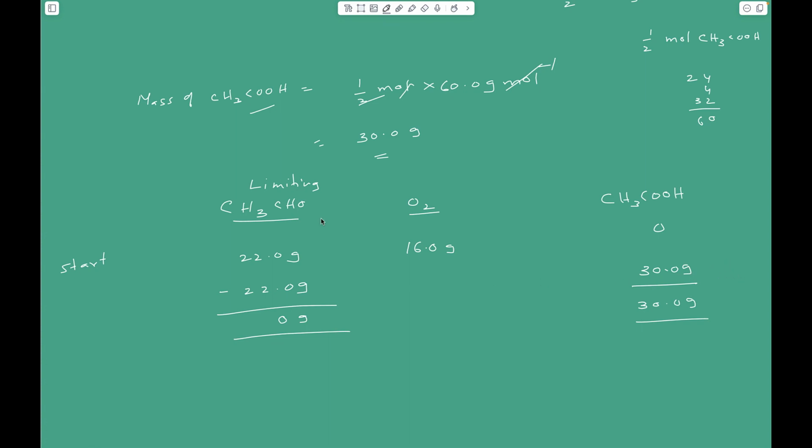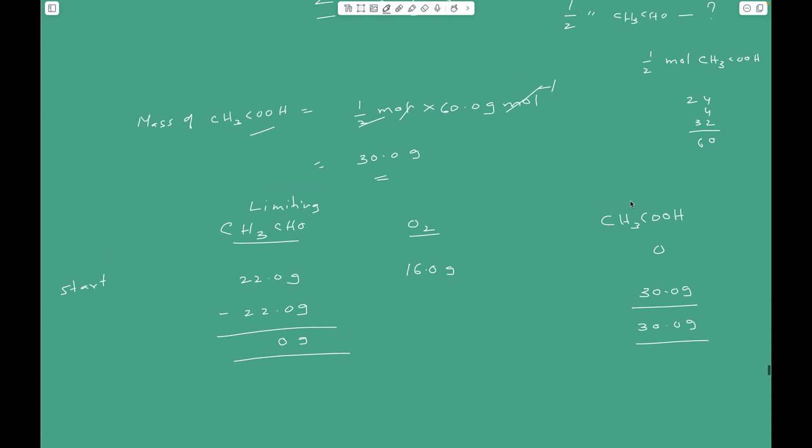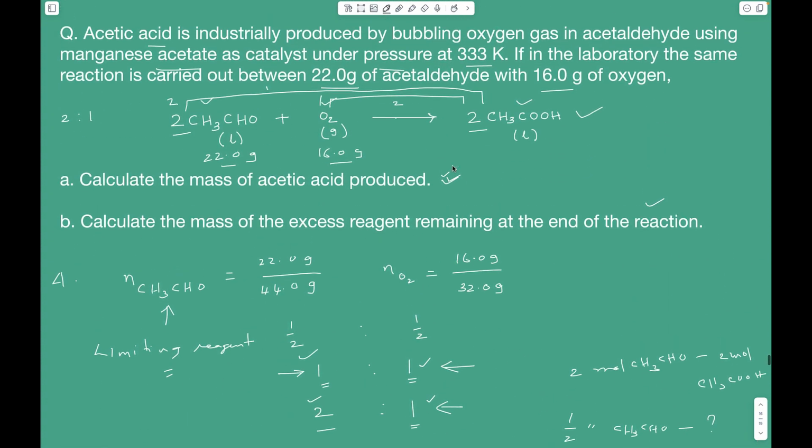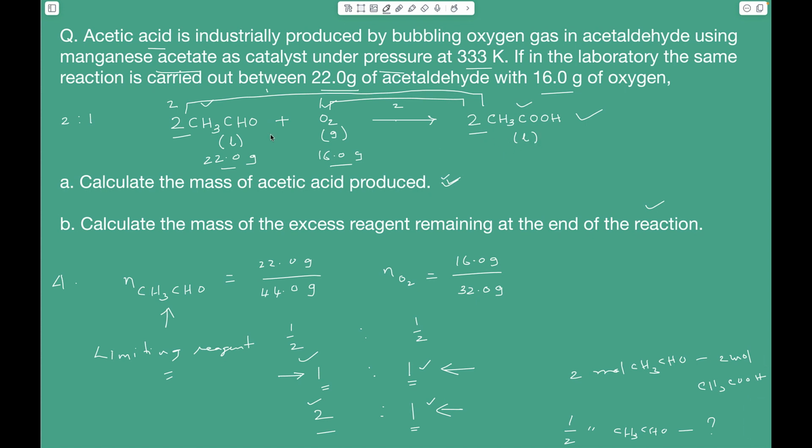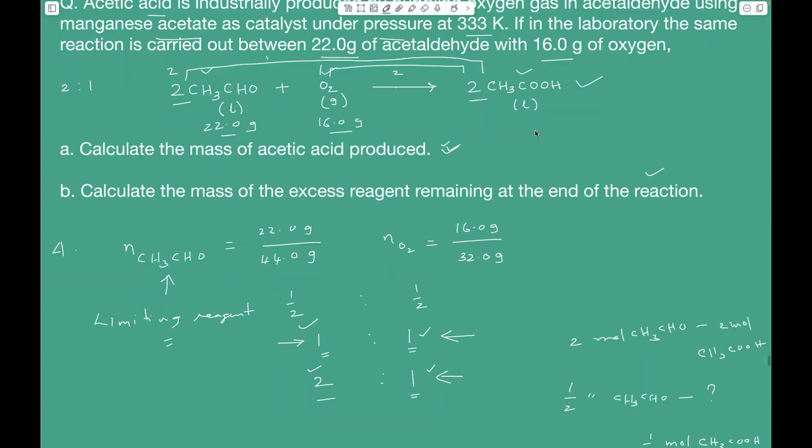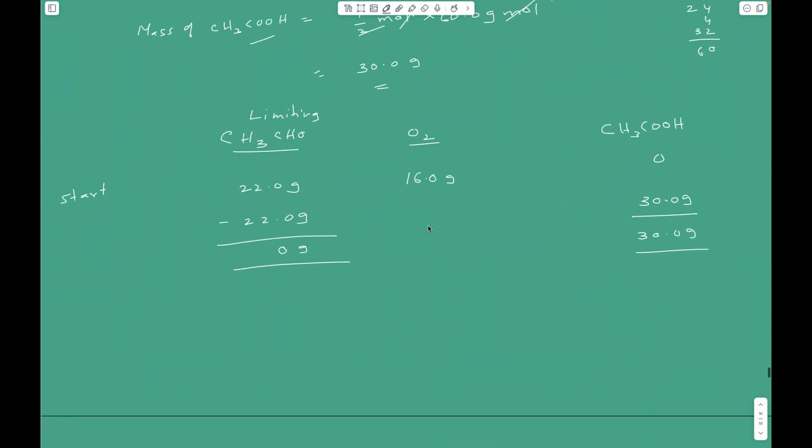Now, can you apply law of conservation of mass between these three? Because this is a combination reaction. These two reactants are combining to form a single product. Therefore, the mass of acetaldehyde and oxygen consumed in the reaction must be equal to the mass of acetic acid produced. So let us say X grams of oxygen has reacted.